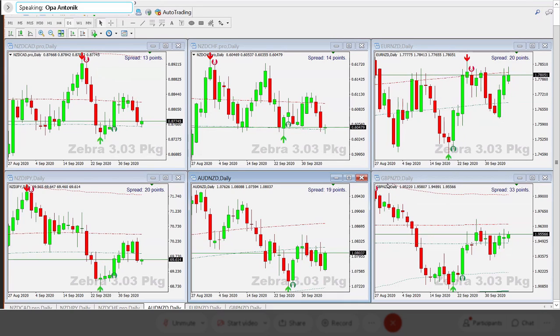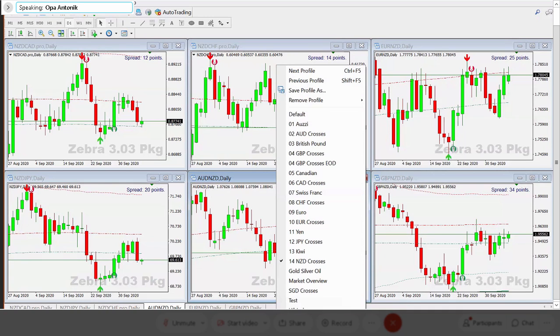So down here, we're looking at the pound New Zealand, and nothing here, nothing here. Looking at the Aussie New Zealand, again, nothing here. And looking at the yen New Zealand, nothing here. Now, you don't get discouraged because there's nothing to trade.